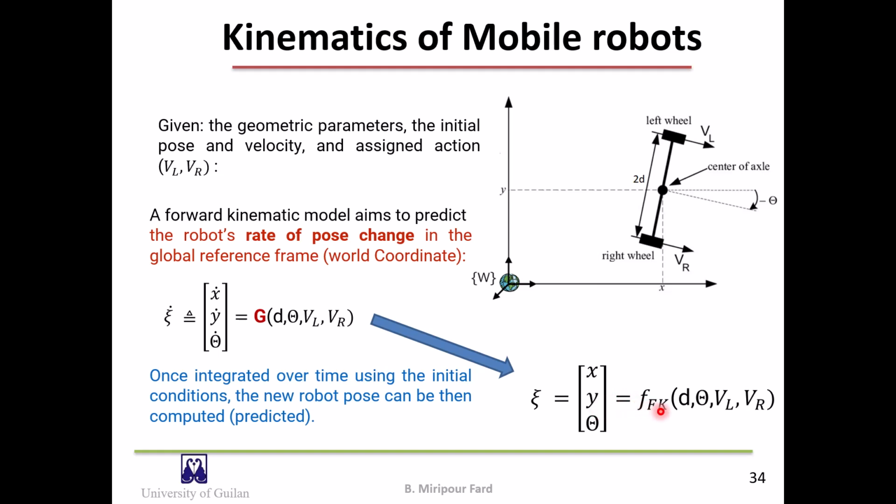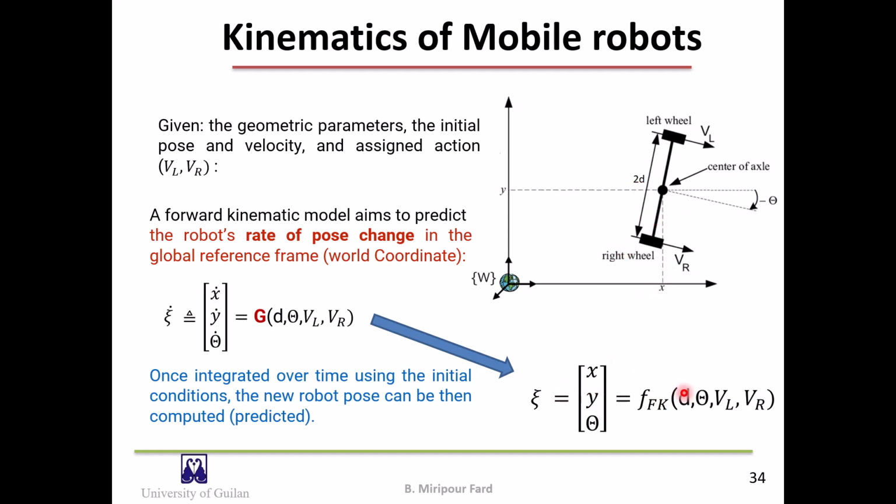And here you can see that xi equals fk of d, theta, vl, and vr, in which d and theta are some parameters. D is actually half of the axle length, and theta is the heading angle.